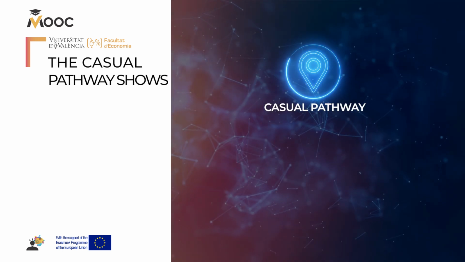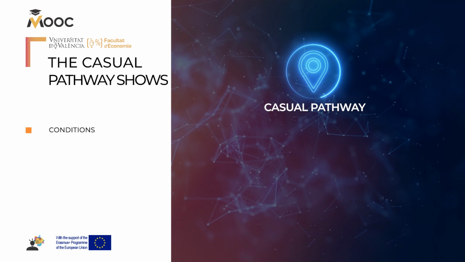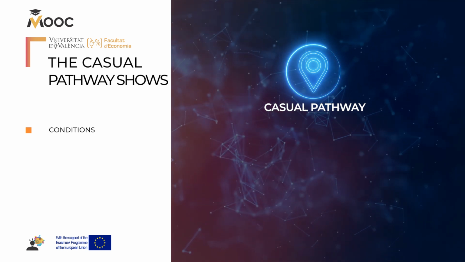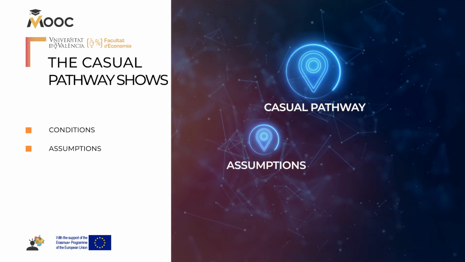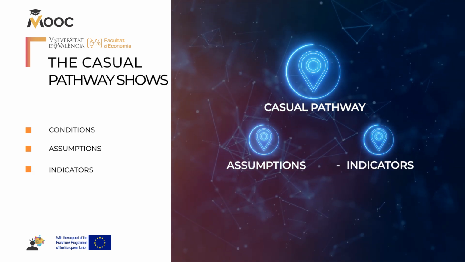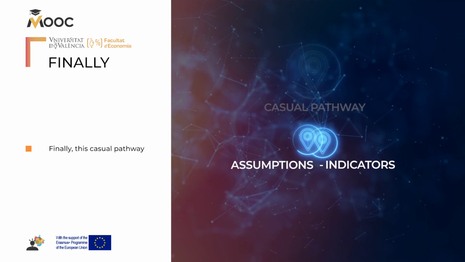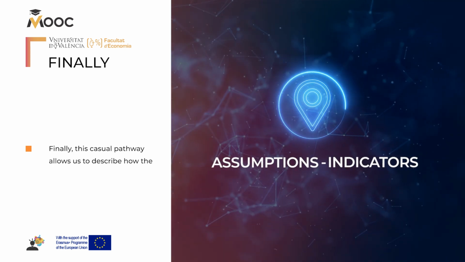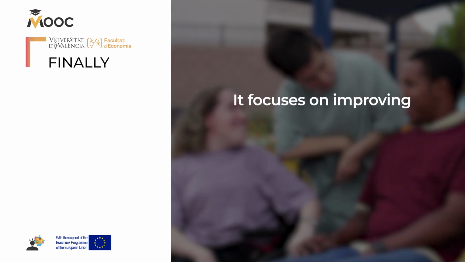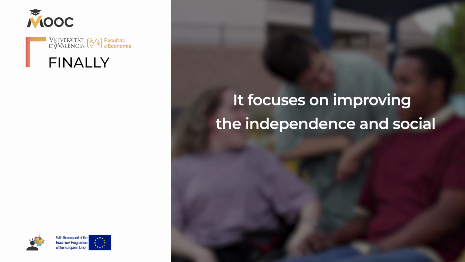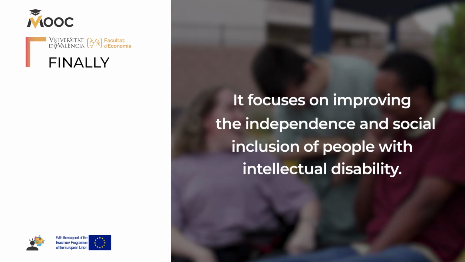The causal pathway shows the conditions that have to occur in our self-management program to work as expected, assumptions on the right side, and also the indicators to assess the progress on the left side. Finally, this causal pathway allows us to describe how the activities or inputs will produce a change. It focuses on improving the independence and social inclusion of people with intellectual disability.